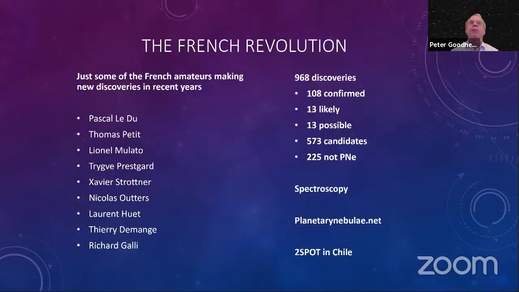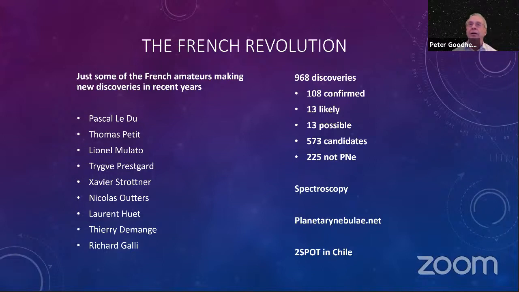Now, following on from that, more recently, a bunch of French amateurs have taken the leading role in terms of a collaboration. Here are just a few of the names on the left of some of the key amateurs involved in this. And they are specifically focused on discovering planetary nebulae. They have made 968 discoveries in recent years.